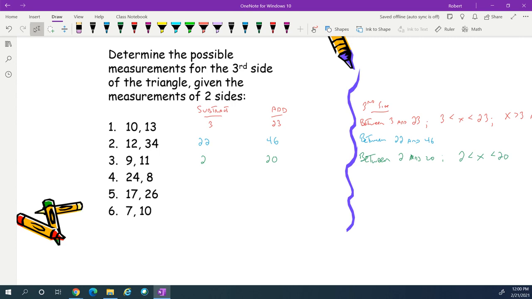Looking at number 4, let's turn the question a little bit. Can the third side be 10?